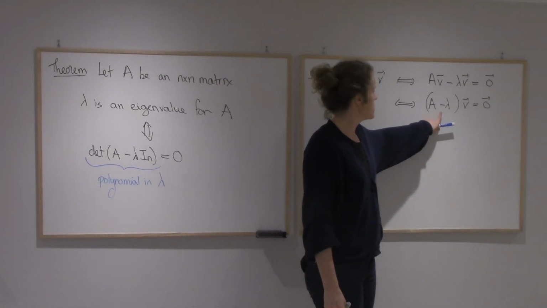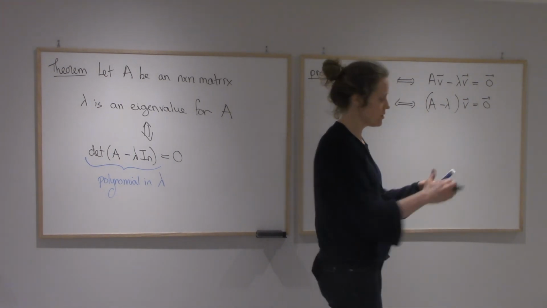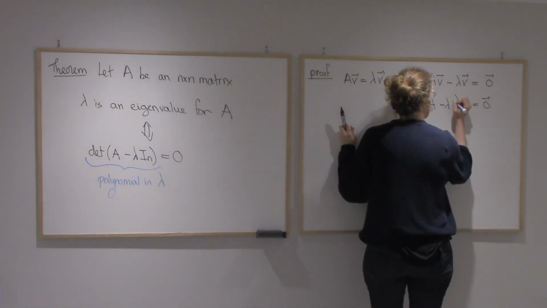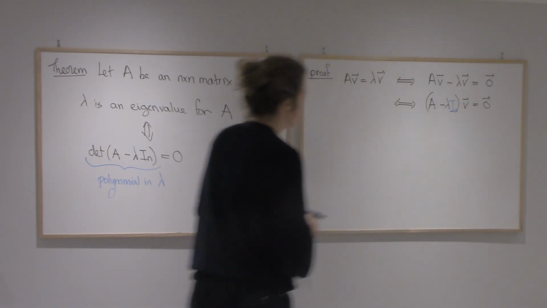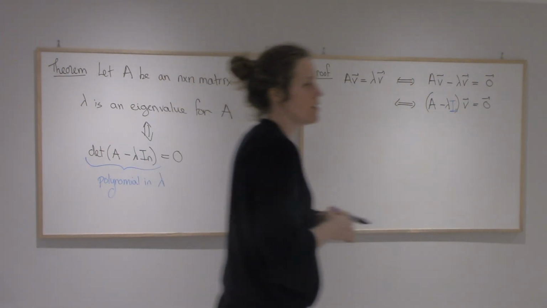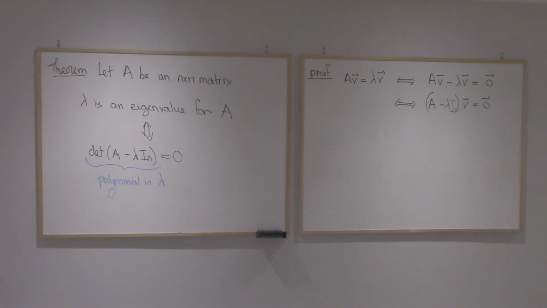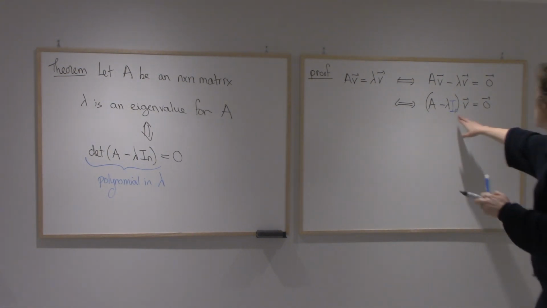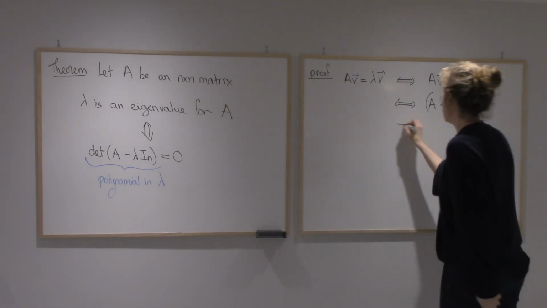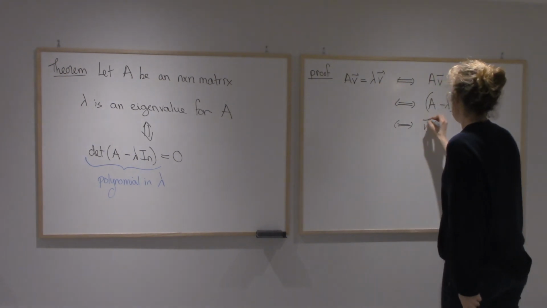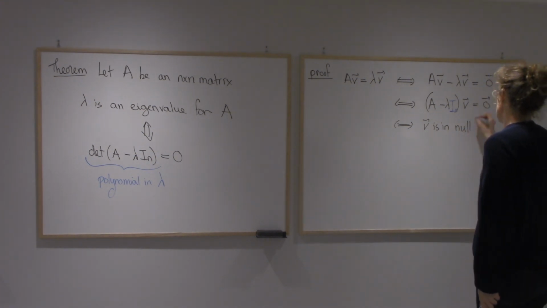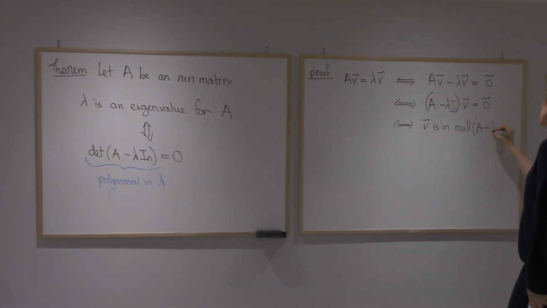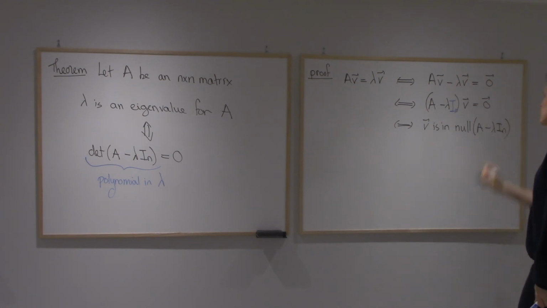This makes no sense. It's a matrix minus a value, so to make sure it makes sense, I'm going to put an identity matrix. So (A minus lambda I_n)v equals 0. That means that v is in the null space of A minus lambda I_n.